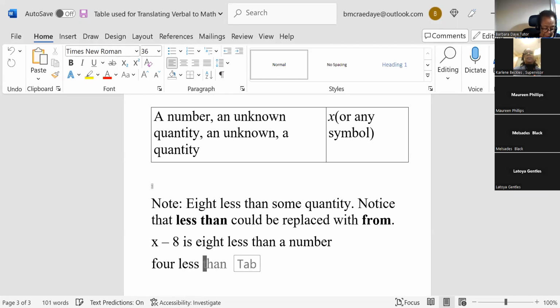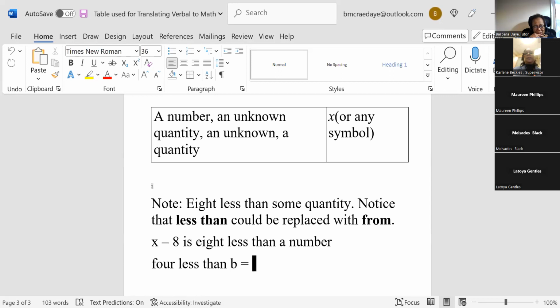4 less than b. How would I write that, Mercedes? You're going to write 4, or 4 less than the variable b. What would I write? The sign for less than, or what am I saying?